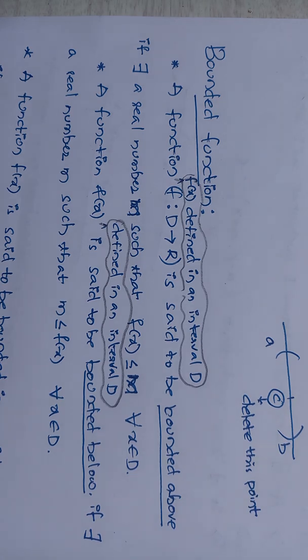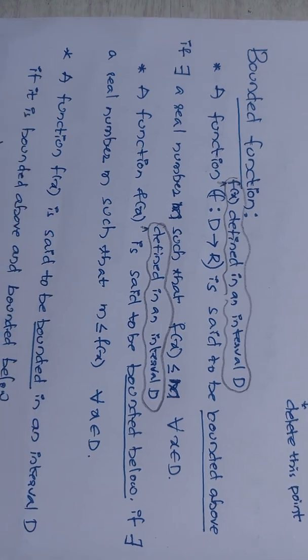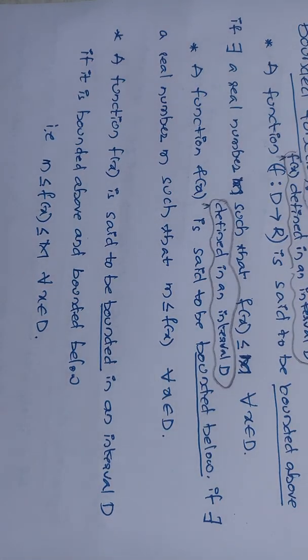If I take minus n, the values are minus 1, minus 2, minus 3, and so on up to infinity. Here we get a bounded above point, a maximum point, that is minus 1. So minus 1 is the bounded above point. In the set of natural numbers, we get a bounded below point, but we won't get a bounded above point.